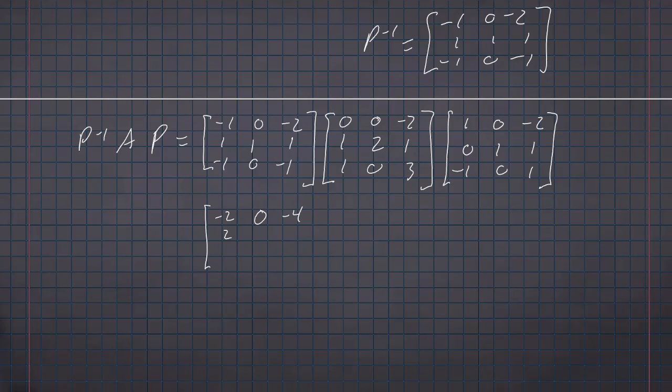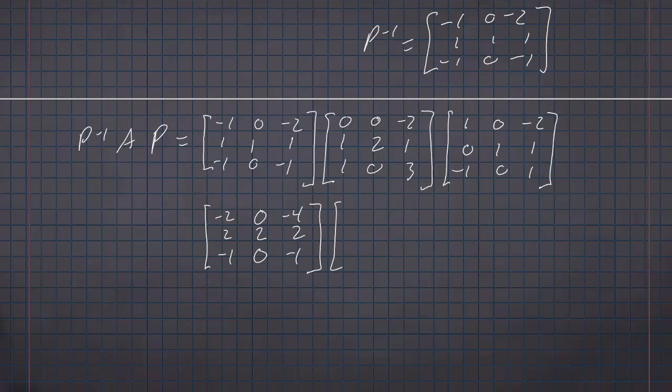That's 2. We've got 0, 2, 0. That's 2. We've got negative 2, 1, 3. That's 2. And the third row, we've got 0, 0, negative 1. We've got 0, 0, 0. And we've got 2, 0, negative 3. It's negative 1.